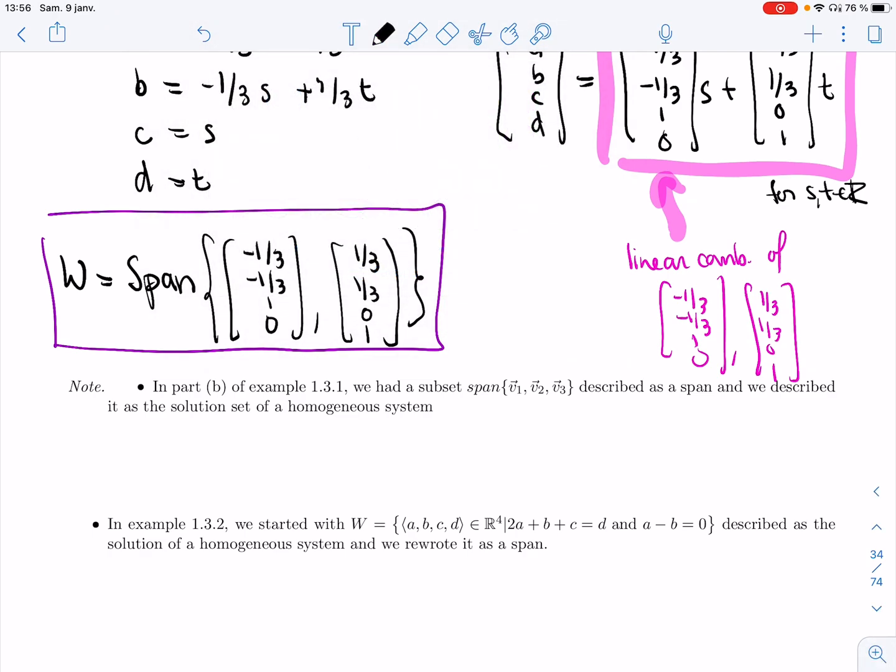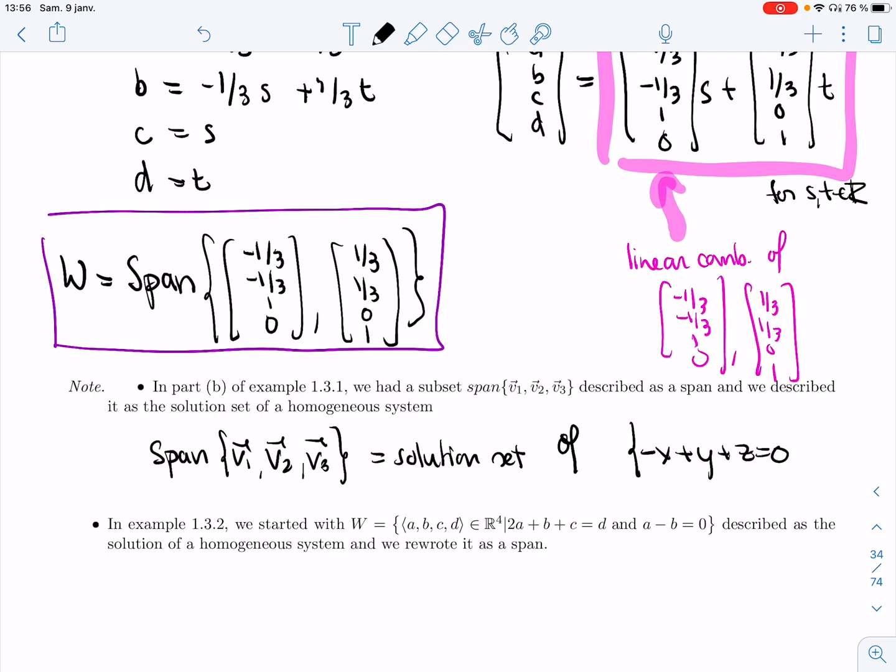So we started with a span, and we said that was the solution set. We found that solution set of minus x plus y plus z equals 0.